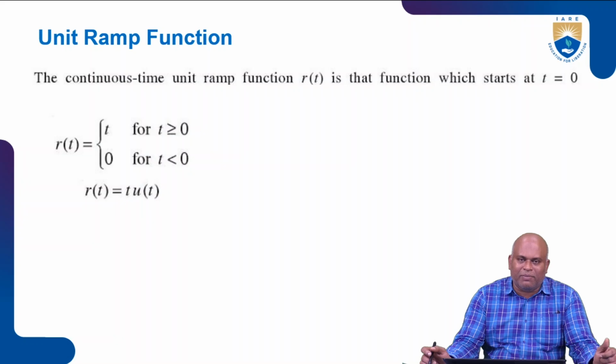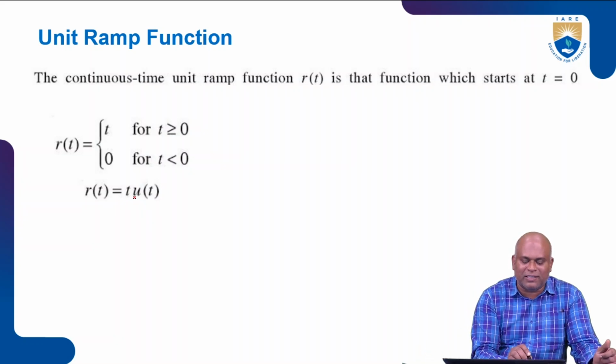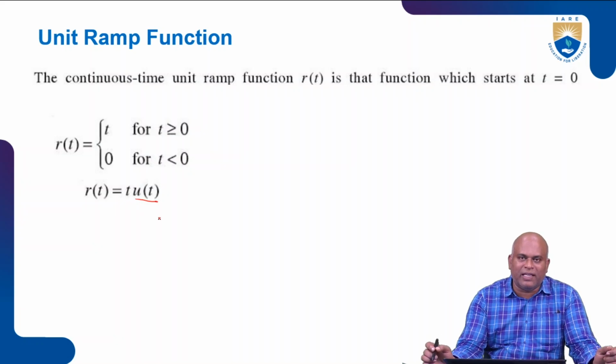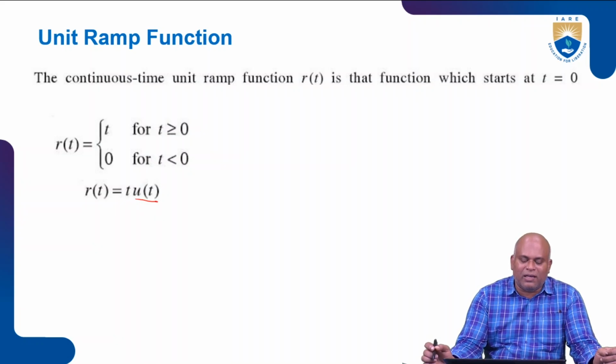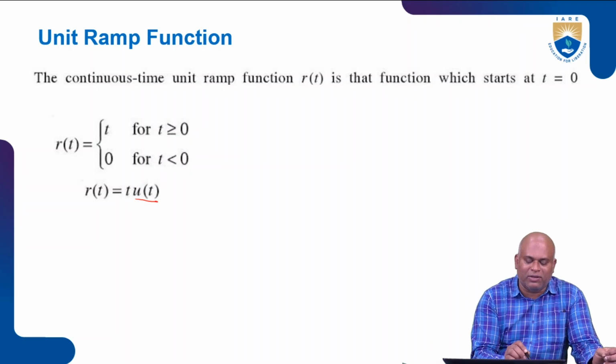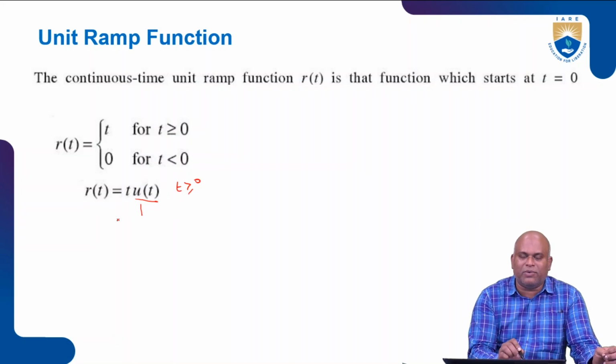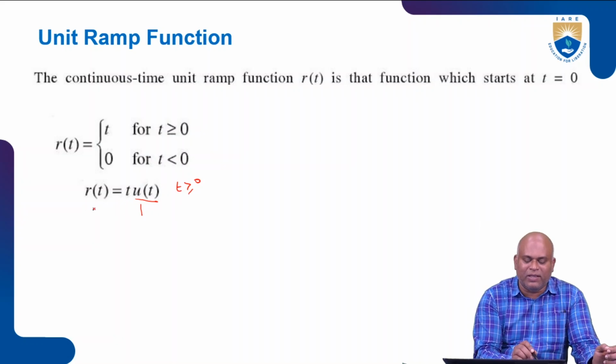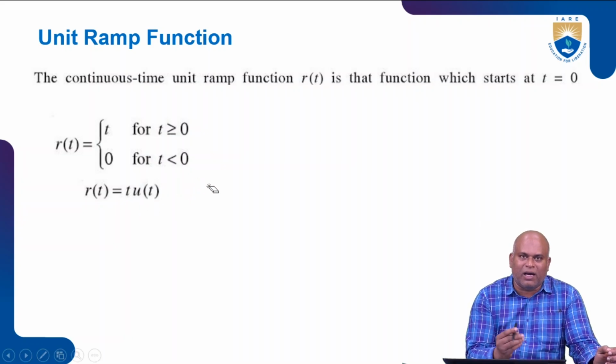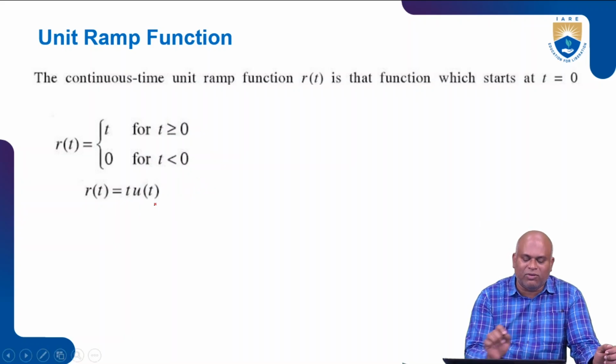So we may represent it in a simple model. Already we discussed u of t. When t is greater than or equal to 0, the signal is unity; the remaining portion is 0. That is why we represent the ramp signal as r of t equal to t times u of t.